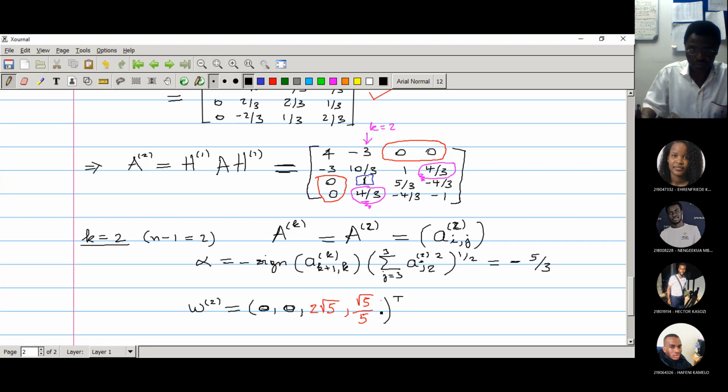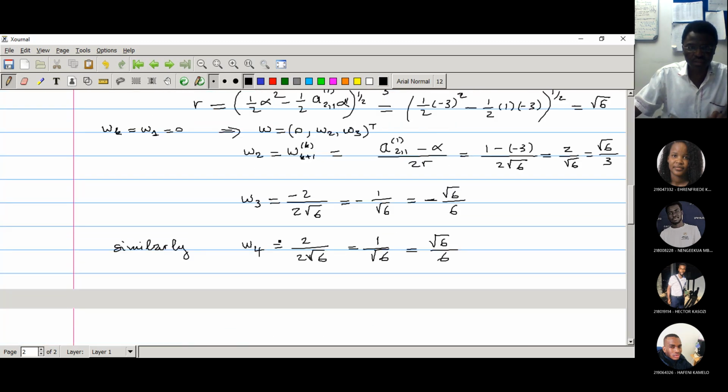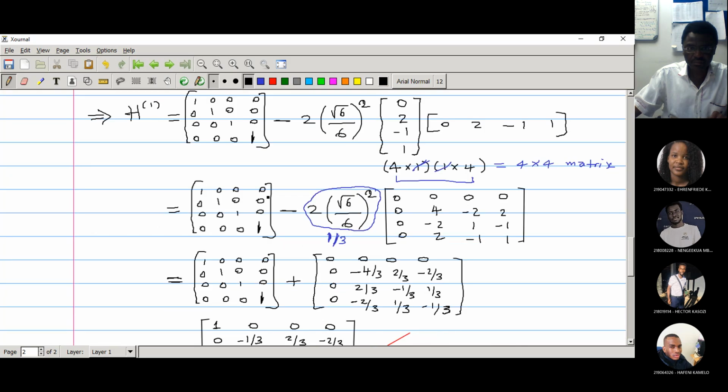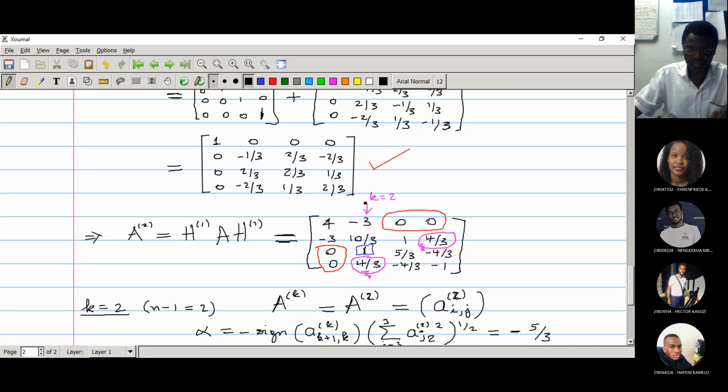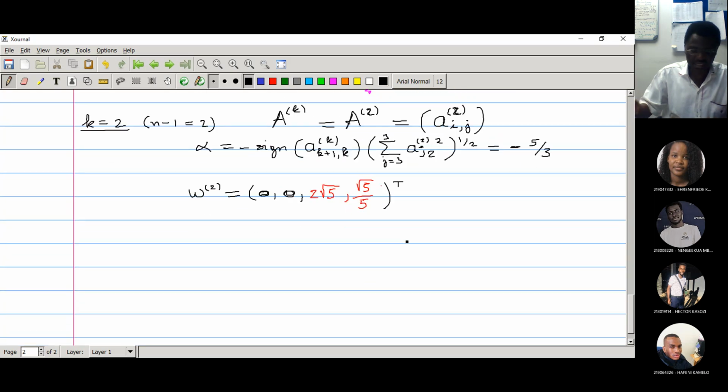Now you know how to do that, and you compute the matrix H2 exactly the same way we proceeded here. You follow all that, and you will get that H2, just using the result. This will be 1 and then 0, 0, 0, right?